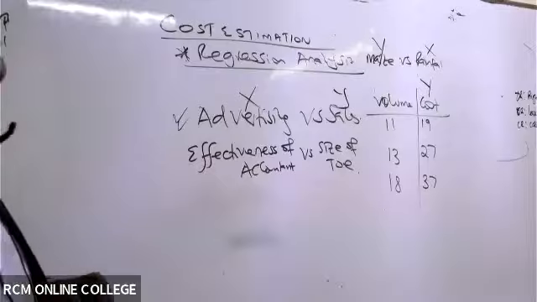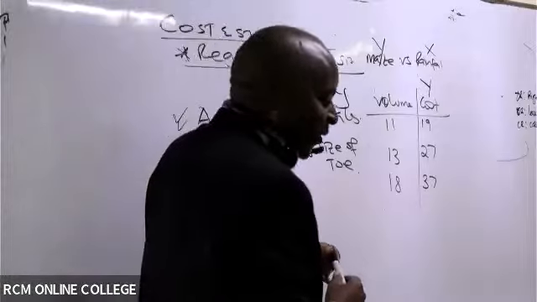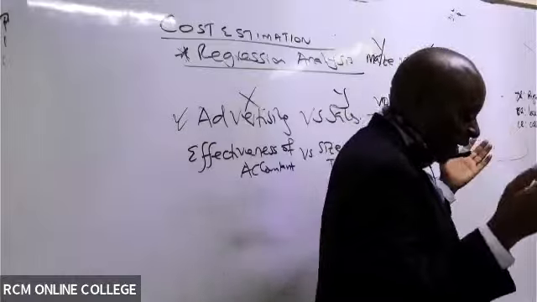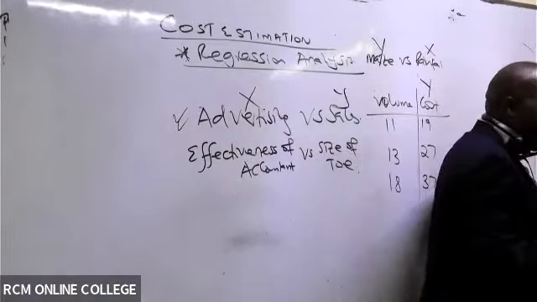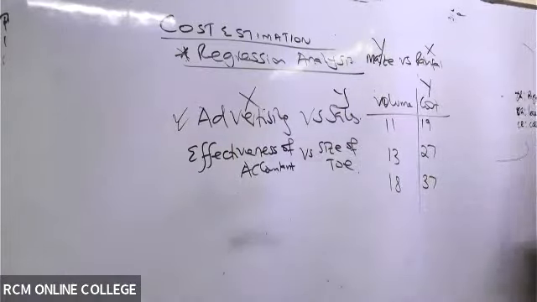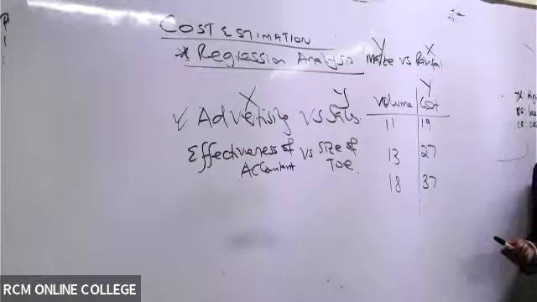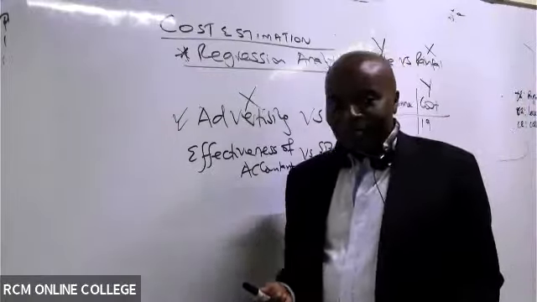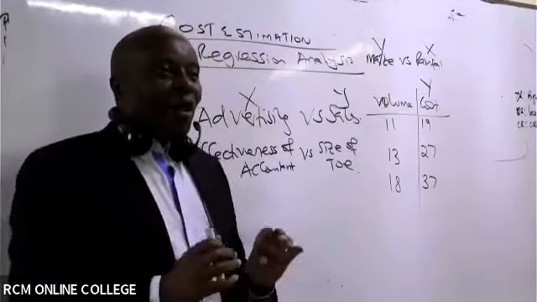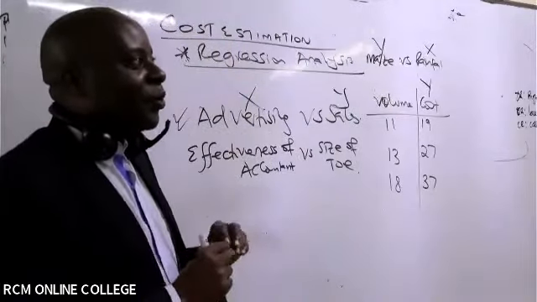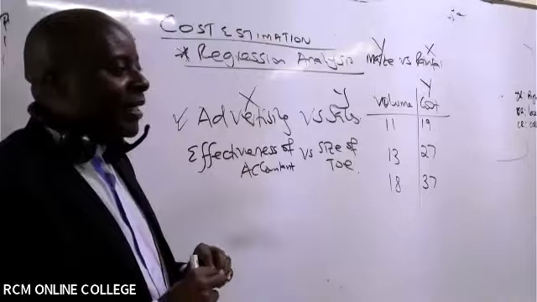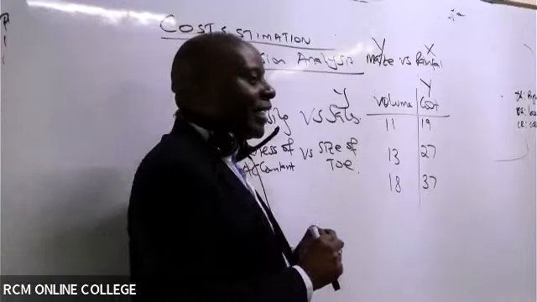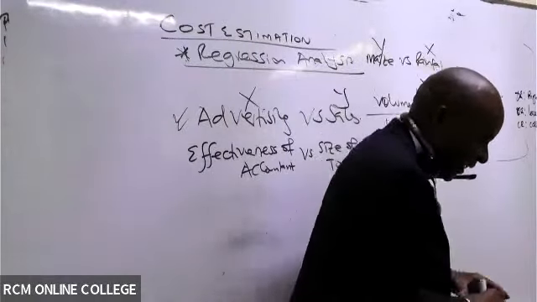Effectiveness of an accountant versus the size of the toe. Please talk to me. Which one goes to Y? Now, if you're telling me that size is X or whichever is Y, does it mean that the two variables are really related? Are they related?